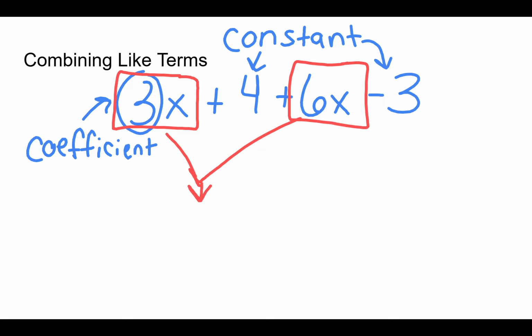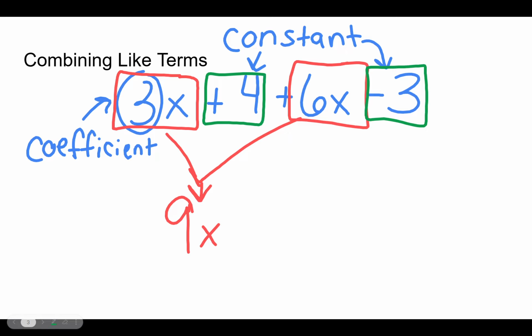3 plus 6 is 9. And I keep my variable the same. That does not change. Then I have my constants. All constants are like terms with each other. So that means my positive 4 and my negative 3 are going to be combined together. 4 plus negative 3, in other words, 4 minus 3 equals 1.